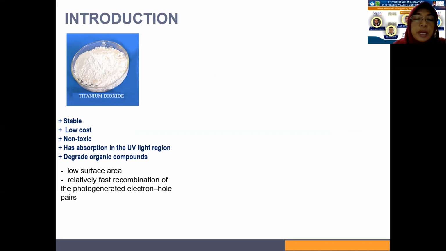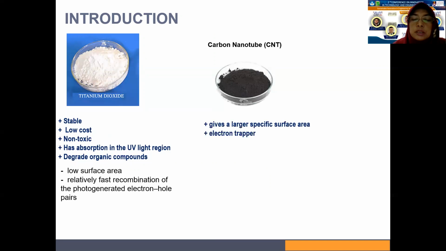However, TiO2 has weaknesses, such as low surface area, and a recommendation is needed to overcome this problem. CNT can be used to enhance the performance of titanium dioxide because CNT has a large surface area and electron transfer, but a low level of solubility.